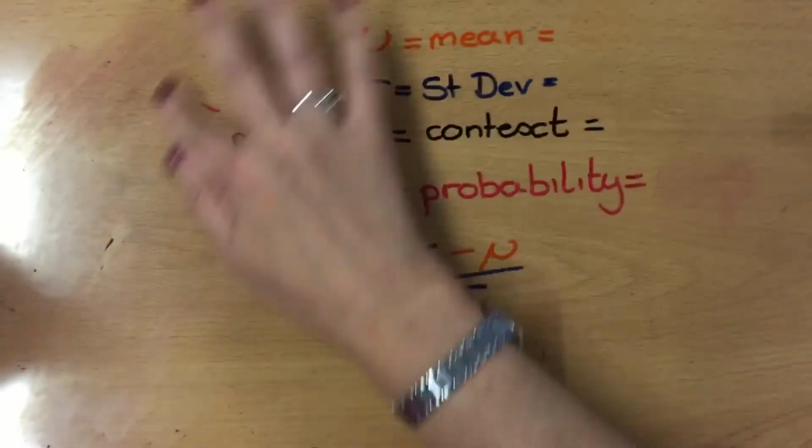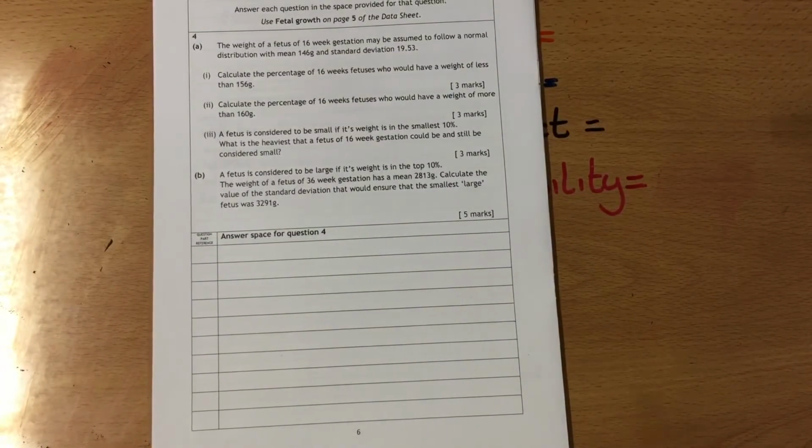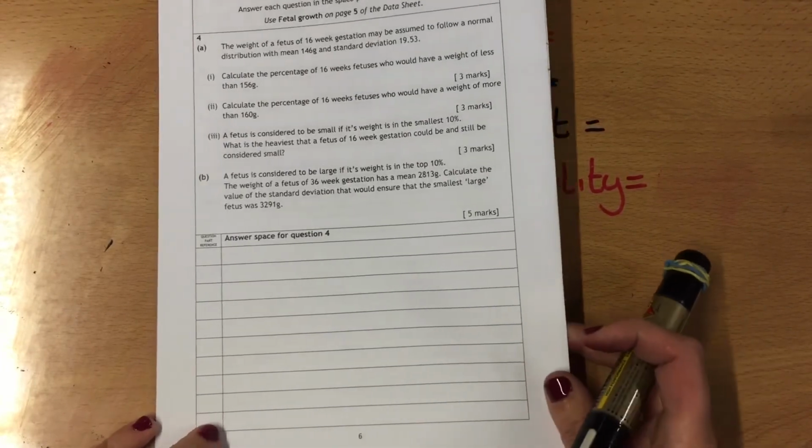That's pretty much all we know at this point. So, a fetus is considered to be large if its weight is in the top 10%.